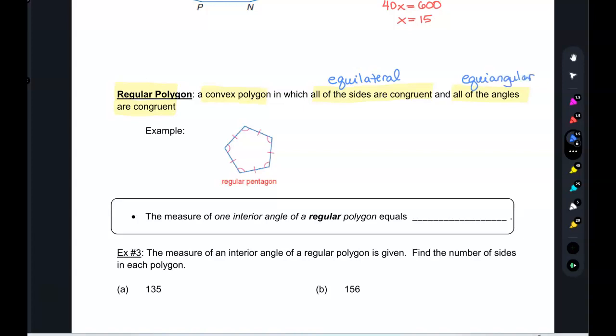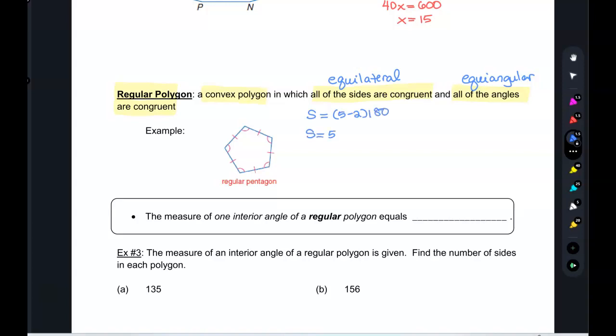Okay. So here's a regular pentagon. What we want to do is investigate what each interior angle would be in this regular polygon. How would we find that? Do we know what all of them added together have to be? Yes. The sum: 5 minus 2 times 180.